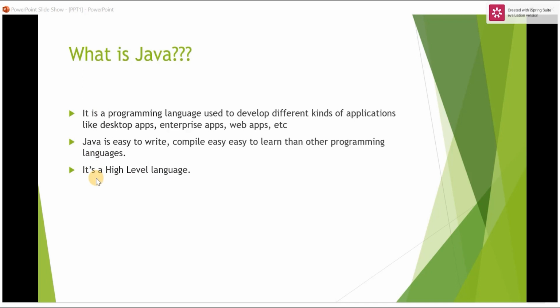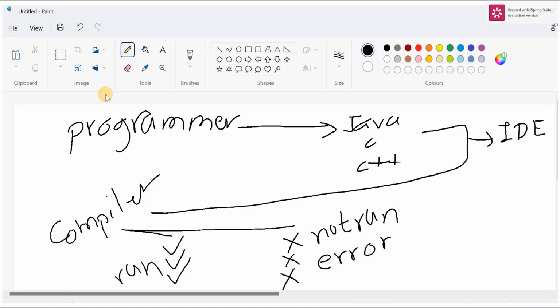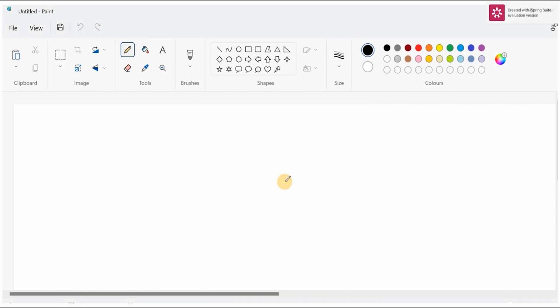So what is meant by high level language and what is meant by low level language? Let's consider another scenario. Now there are two terminologies, high level language and low level language.